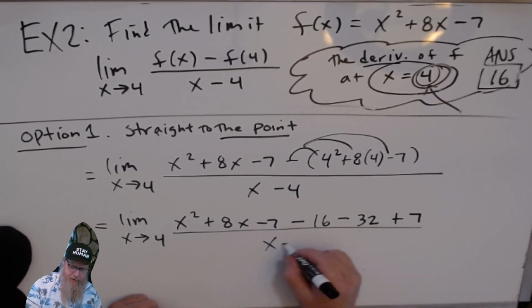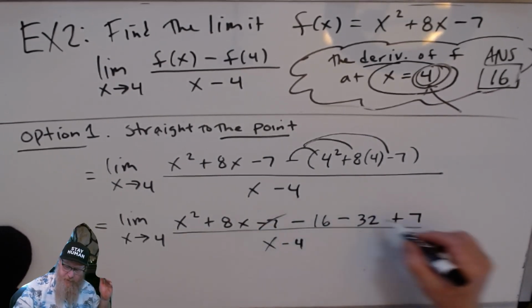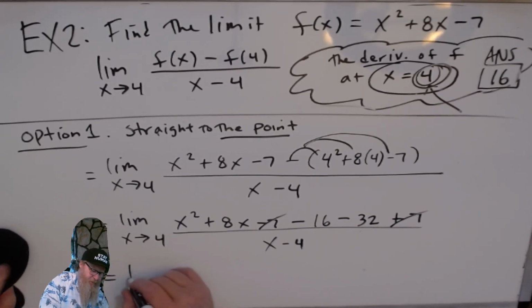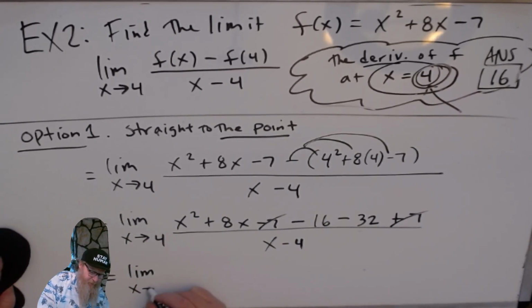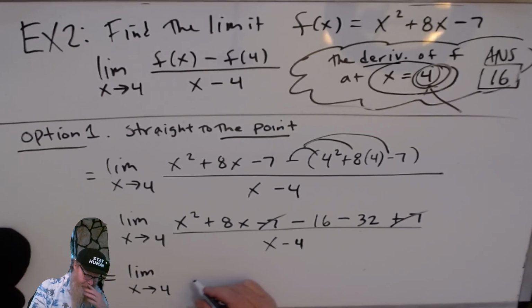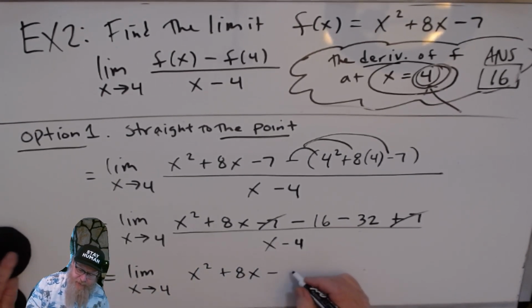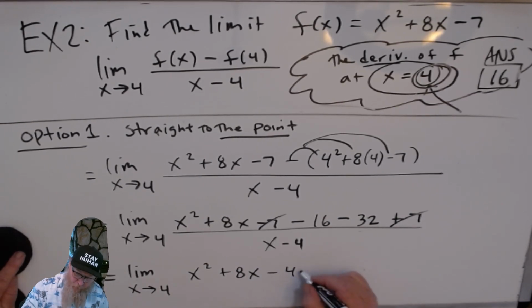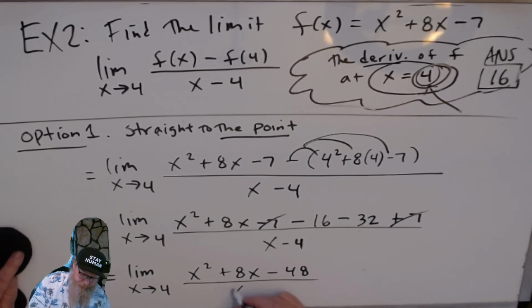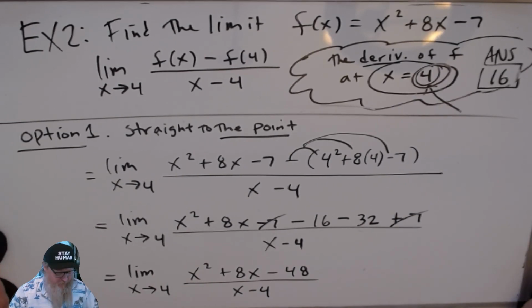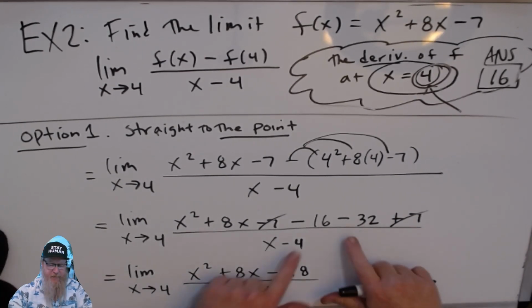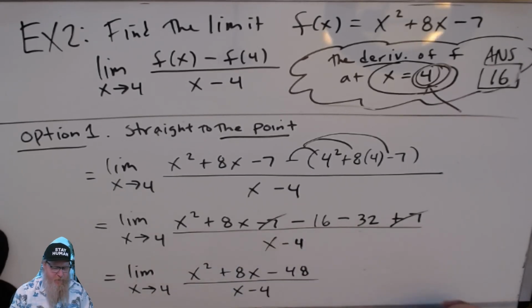All over x minus 4. 7s are going to cancel. The limit as x approaches 4 of x squared plus 8x minus, what's that, 48 over x minus 4. Negative 16, negative 32 is negative 48.